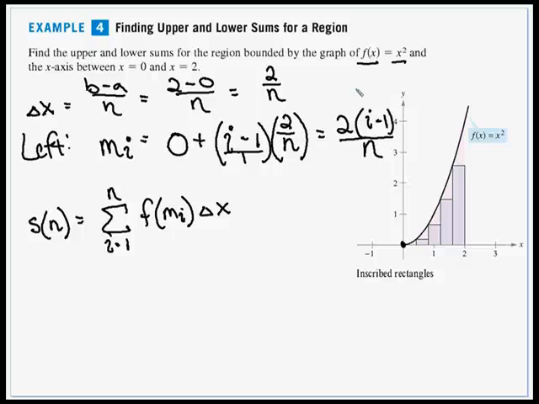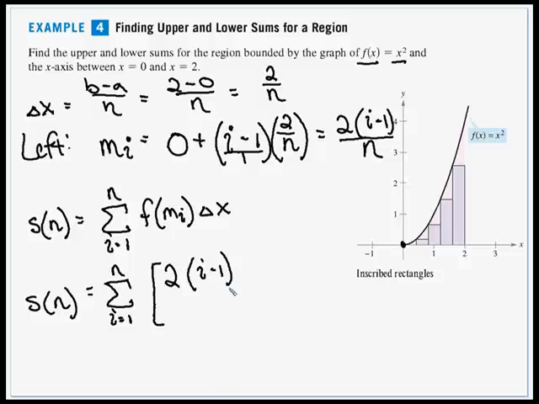So when we plug in what we found up here, we're going to have our s of n is the sum from i equals 1 to n, f of this. And remember, this is the squaring function. So we're going to take what we found for our left endpoint, 2 times i minus 1 all over n. That's quantity squared. So that's the height of the rectangle, and then the width of the rectangle is 2 over n.